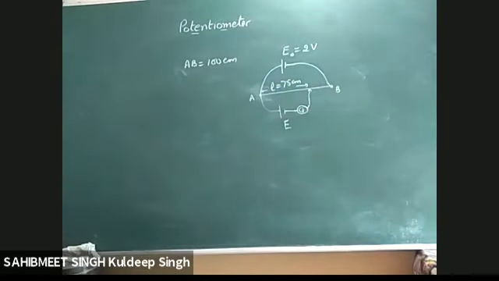The cell is balanced across 75 centimeter of the wire.